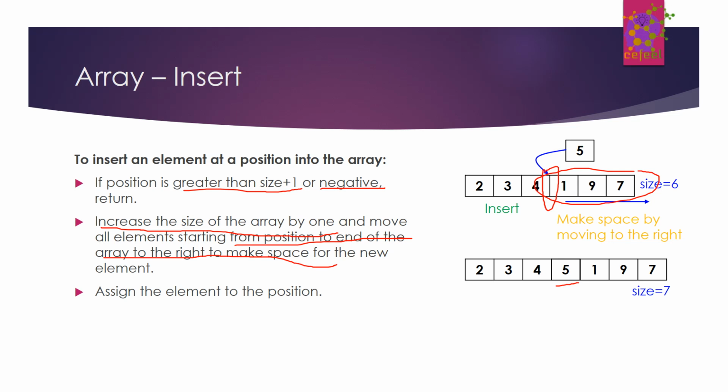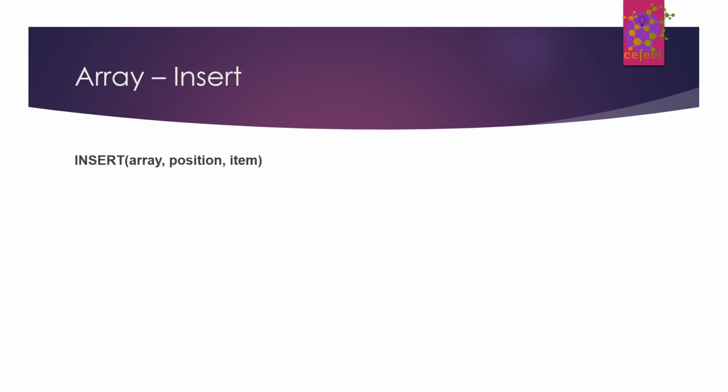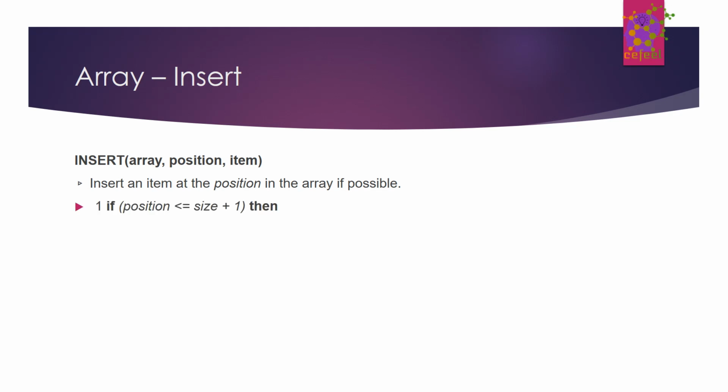Cool. Now let's see the insert operation as an algorithm. So this is our insert algorithm. We are given an array, we are given a position where we want to insert, and then we are given the item which we want to insert. So this will insert an item at the position if possible. So what is the first step?